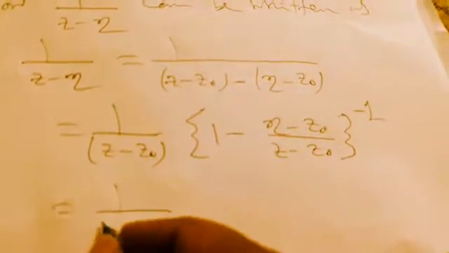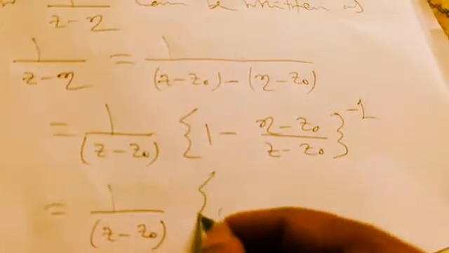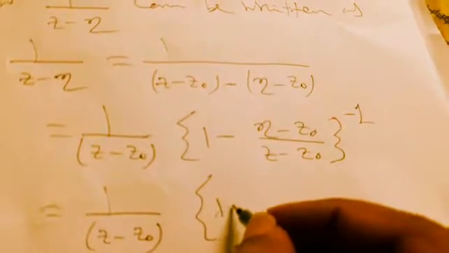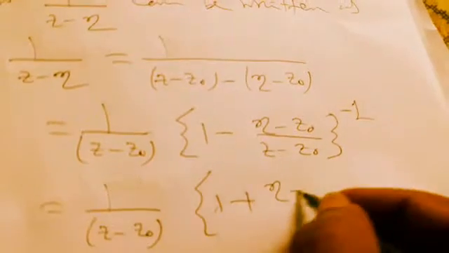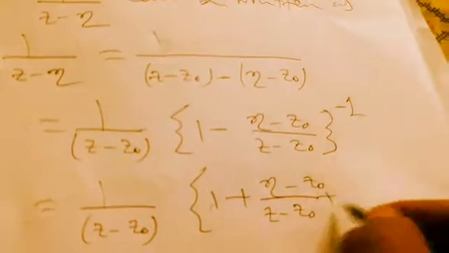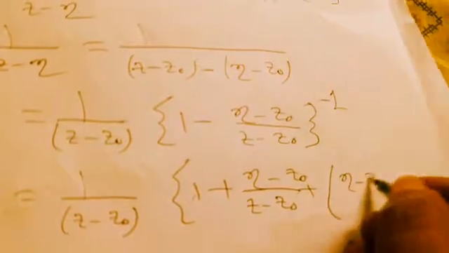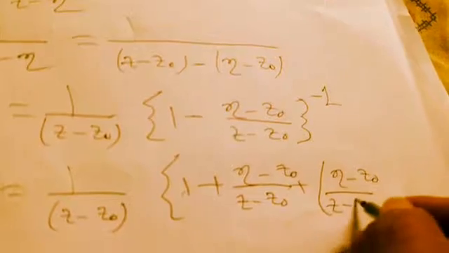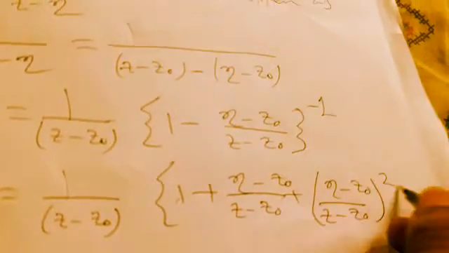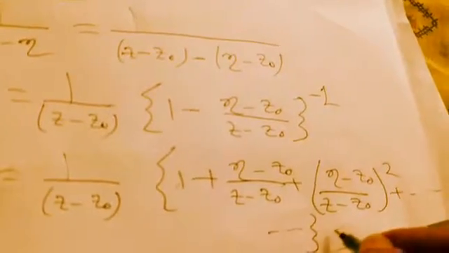If we expand it, we get 1 by z minus z0 times 1 plus eta minus z0 by z minus z0 plus eta minus z0 by z minus z0 whole square, and so on. In this way we approach it.